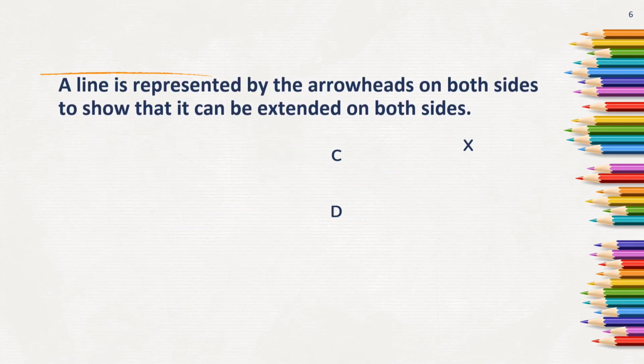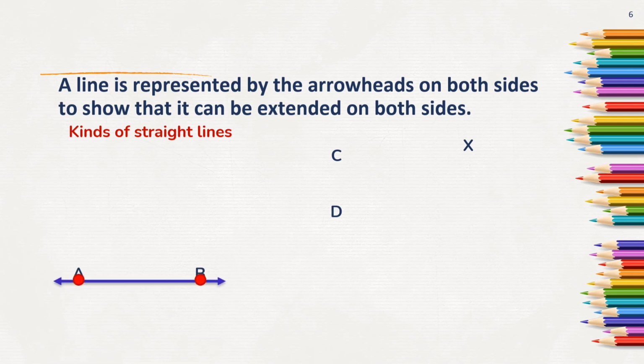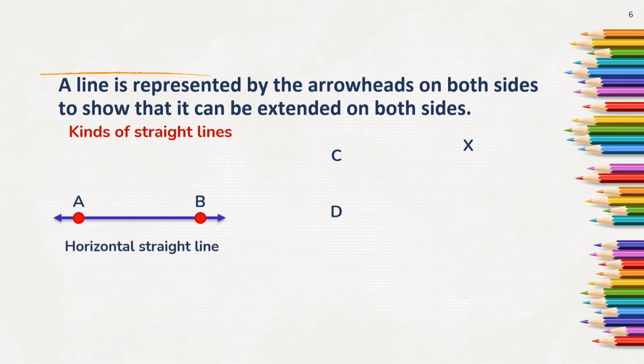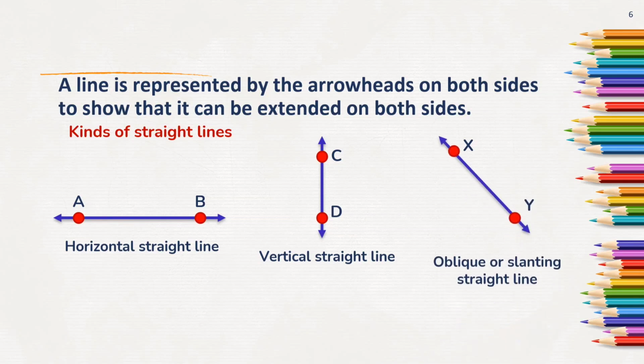Here, a line is represented by arrowheads on both the sides to show that it can be extended in both the sides. Here are the kinds of straight lines. This is a horizontal straight line, this a vertical straight line, and this is an oblique or slanting straight line, right? These are the types of straight lines.